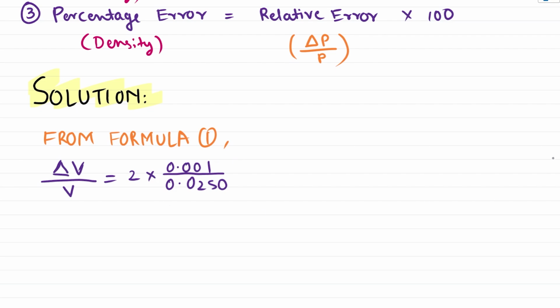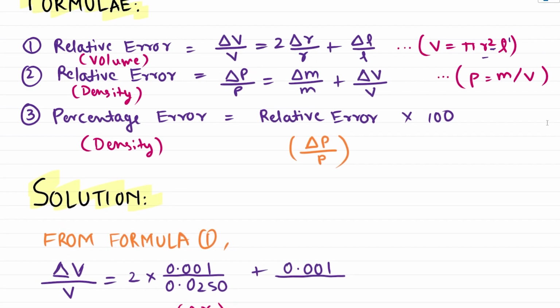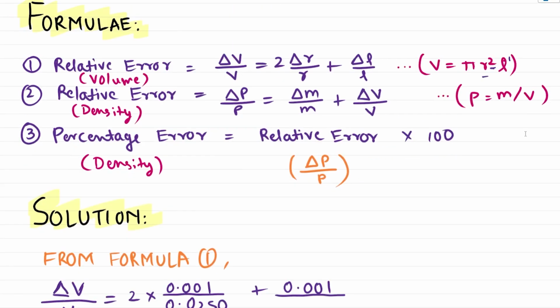So this is the relative error in r, our delta r upon r, plus we have to calculate the relative error in length. So that will be delta l, whose value is 0.001, divided by the value of l, the mean value in length, which is 4.00.